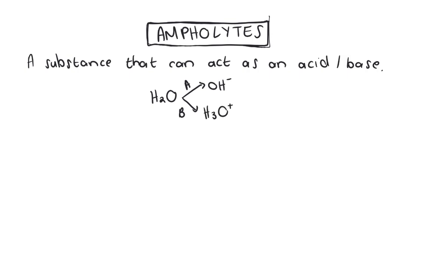Another example is, in the previous slide we did the diprotic acids. When sulfuric acid loses one of its protons, it becomes this, and this is also an ampholyte because it can either act as an acid and donate another hydrogen and become this, or it can act as a base and receive another proton and then it becomes this again.